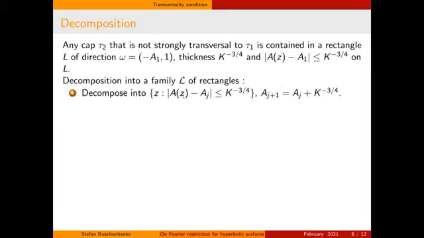So first we decompose with respect to the value the function A takes. We let Aj vary in steps of size k to the minus 3/4, and then we look at these sets where A of z is close to Aj, and these sets may look quite wild.